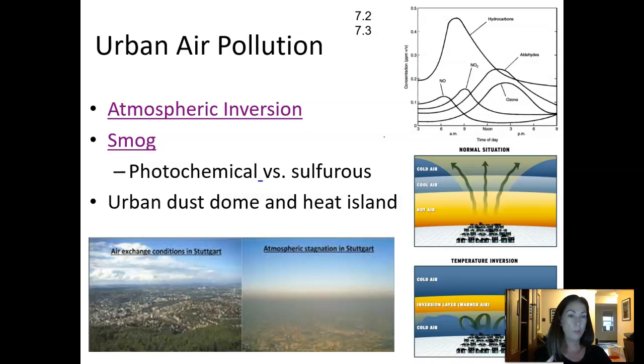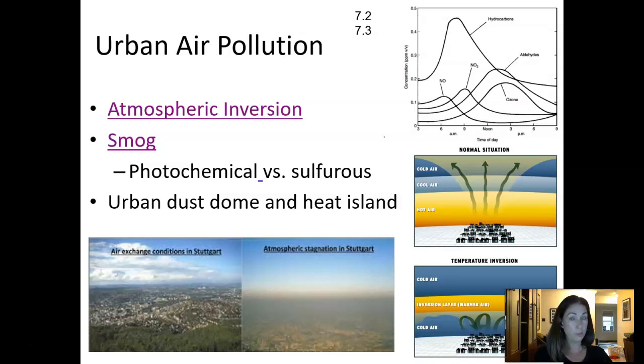And with that urban dust dome, sometimes because of atmospheric changes, you might trap some of those air pollutants over a city. Now, we have already talked about our urban heat island effect, where urban areas are slightly warmer, because you have a lot more industry and a lot more cars and you have a lot more pavement.